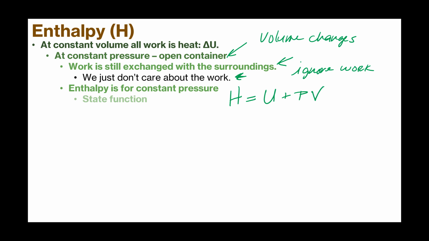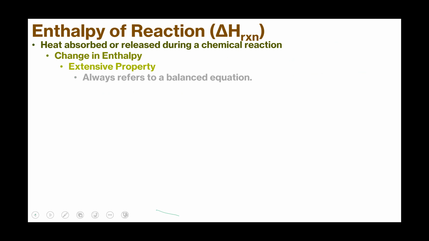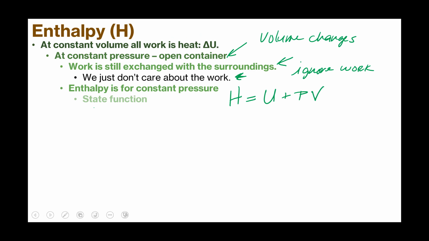All of these things are state functions, and enthalpy itself is a state function. Which means we can say that delta H is equal to delta U plus P times delta V. Remembering here that P was a constant, which is why we don't have delta P.